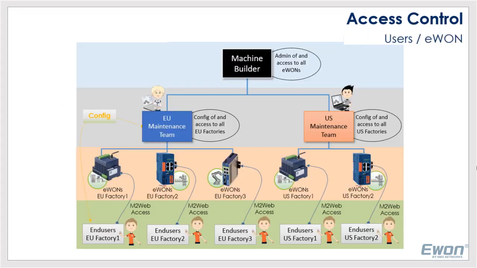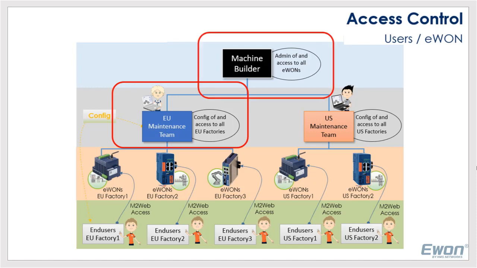Let's look back at our original scenario. Our European maintenance team is managed by the highest level user group. We'll let that highest group be the administrators group that was created when the Talk2M Free Plus account was shifted to a Pro account.